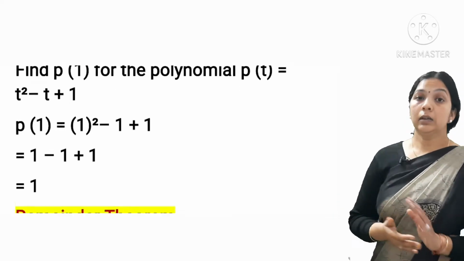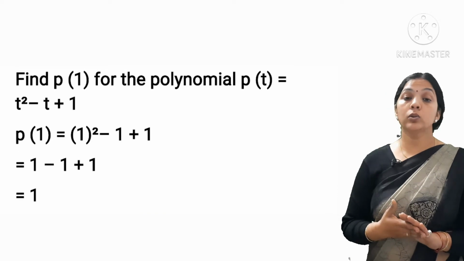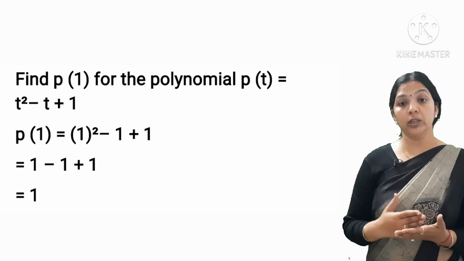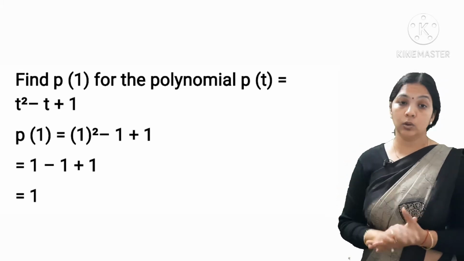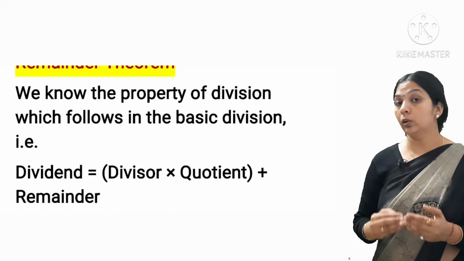Next one is the remainder theorem. So we know the property of division, which follows the basic division: dividend is equal to divisor into quotient plus remainder. That is the remainder theorem. This is also followed in polynomials.